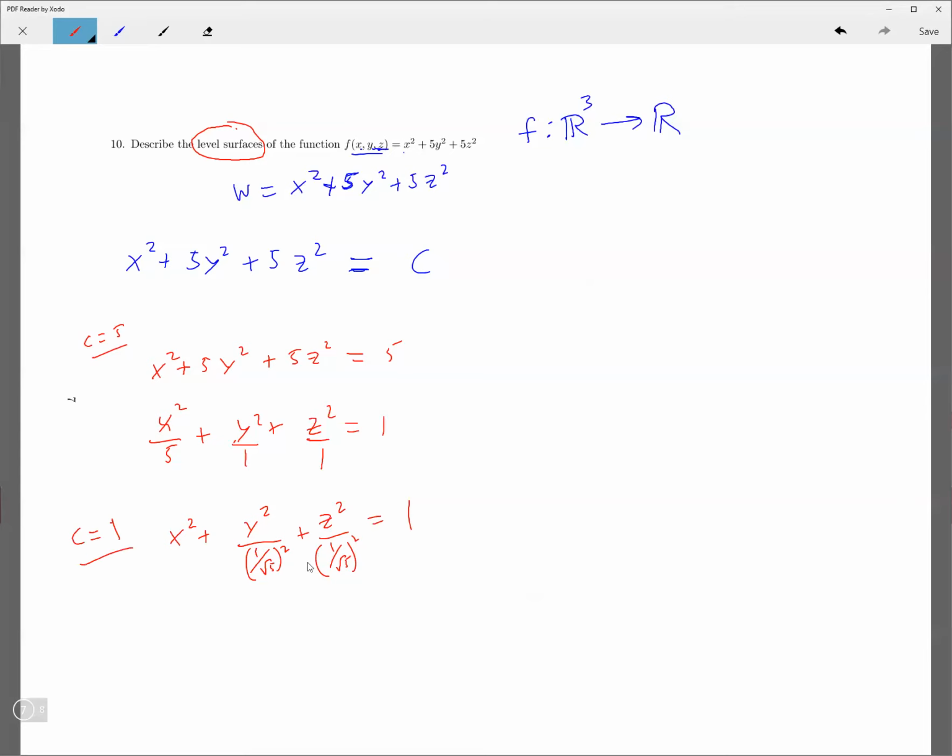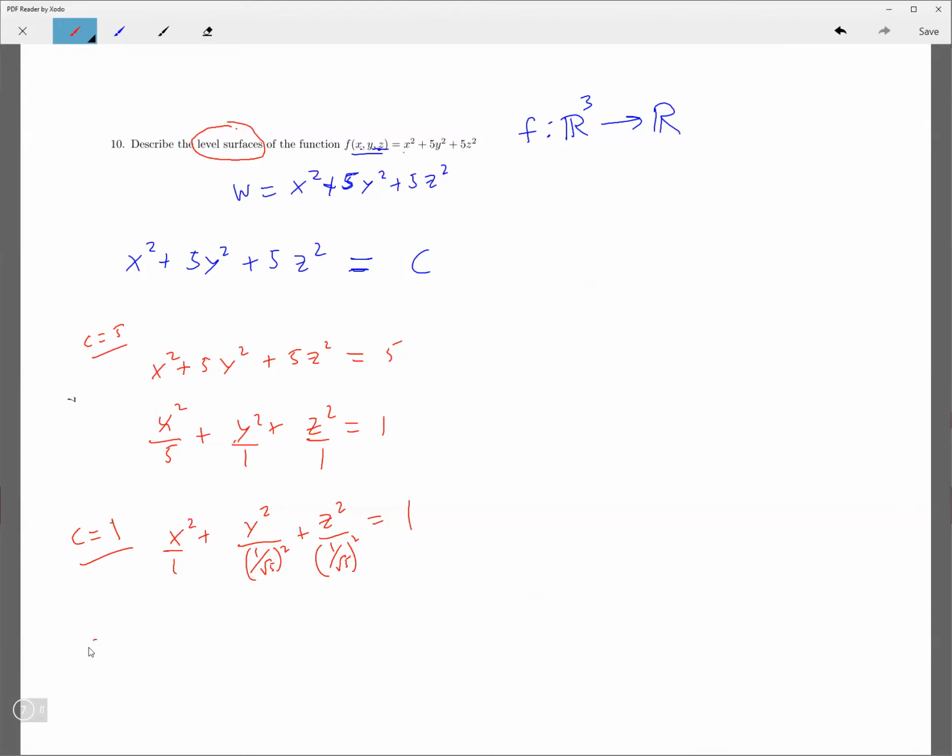If you're choosing C equal to 1, then 5 is the same as 1 over the square root of 5, all squared. So on the y-axis, it's going to go through 1 over root 5 and negative 1 over root 5, and on the z-axis, 1 over root 5 and negative 1 over root 5. On the x-axis, it's going to go through 1 and negative 1.